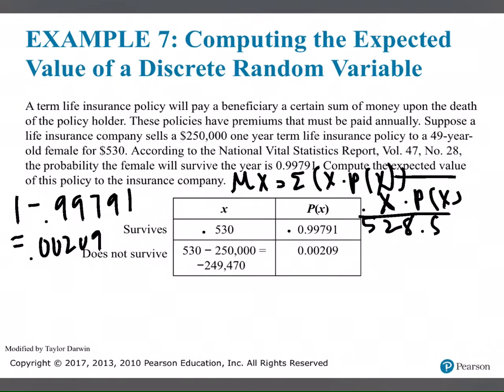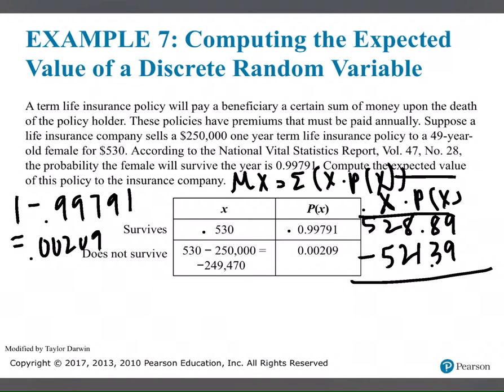I'm just going to go to 2 decimal places, but it's 0.8923. Then I'm going to do that $249,470 times 0.00209. And I get negative 521.3923.